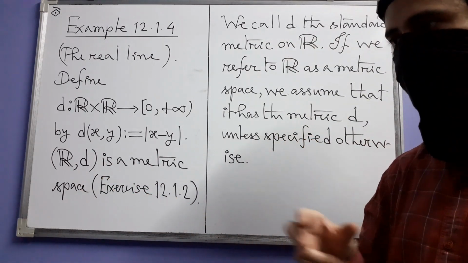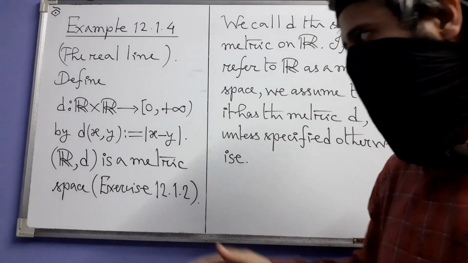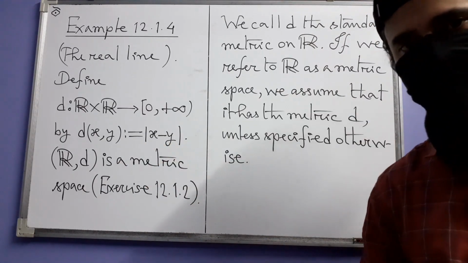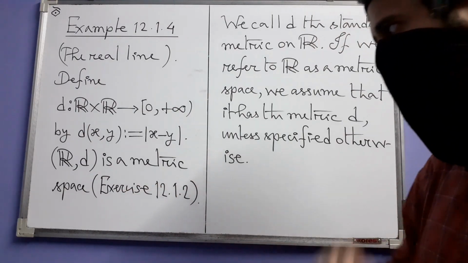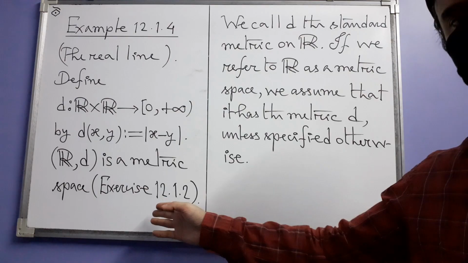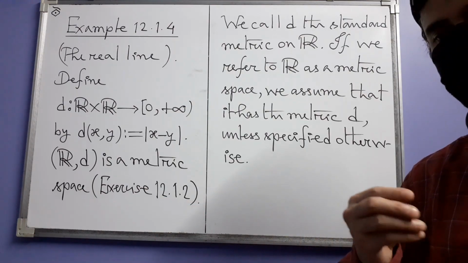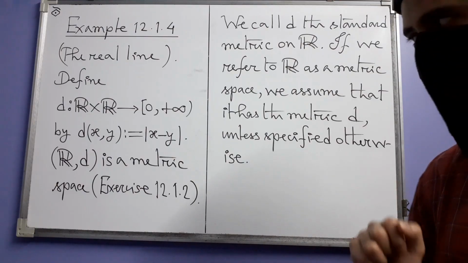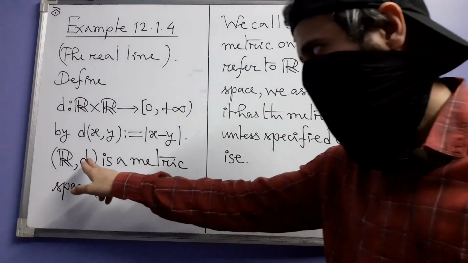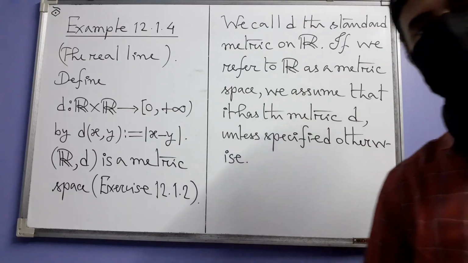All the parts to show that this is a metric space have already been done in Analysis 1, but nevertheless it's exercise 2. So when we solve this exercise, we will simply say where to go back and look for those parts that tell us that together this is a metric space.